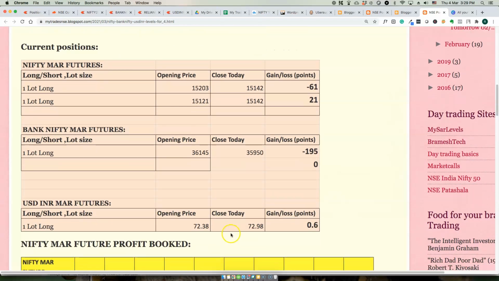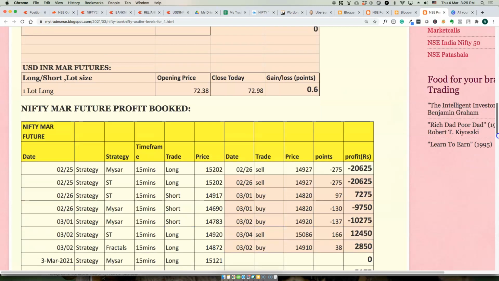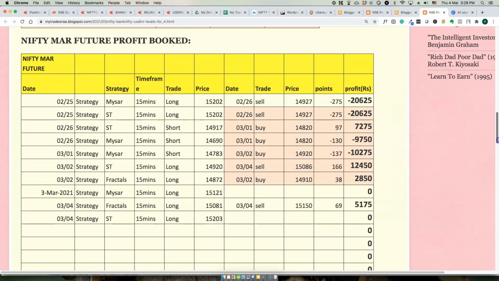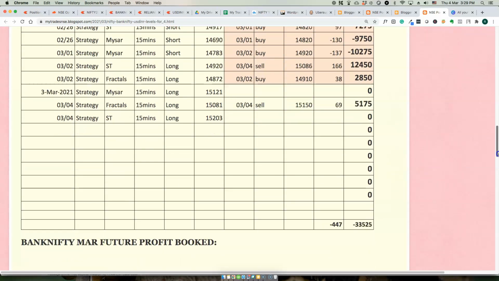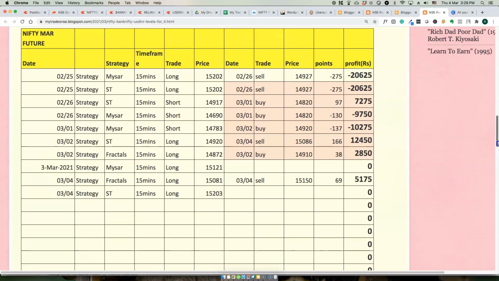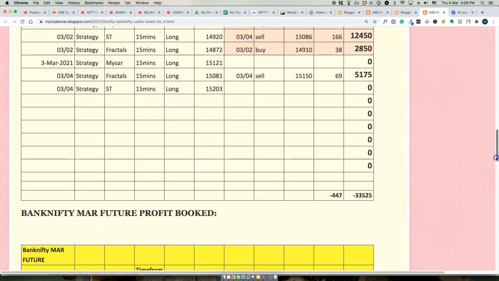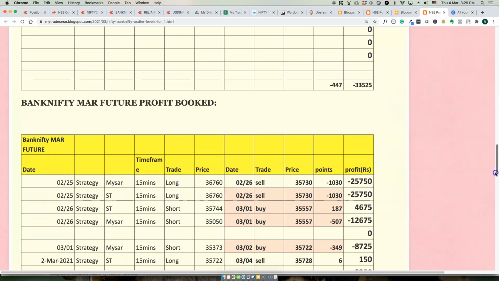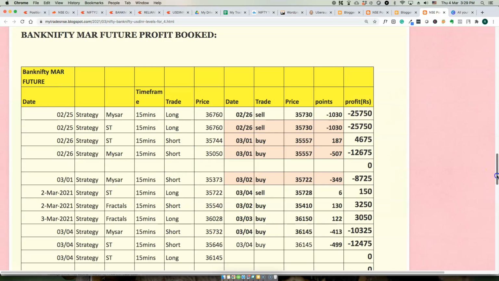Right, USD INR is testing the 73 rupees level, and we'll see how it behaves. So it's a very volatile March futures so far. Nifty is at losses for now, and Bank Nifty is also in the negative.